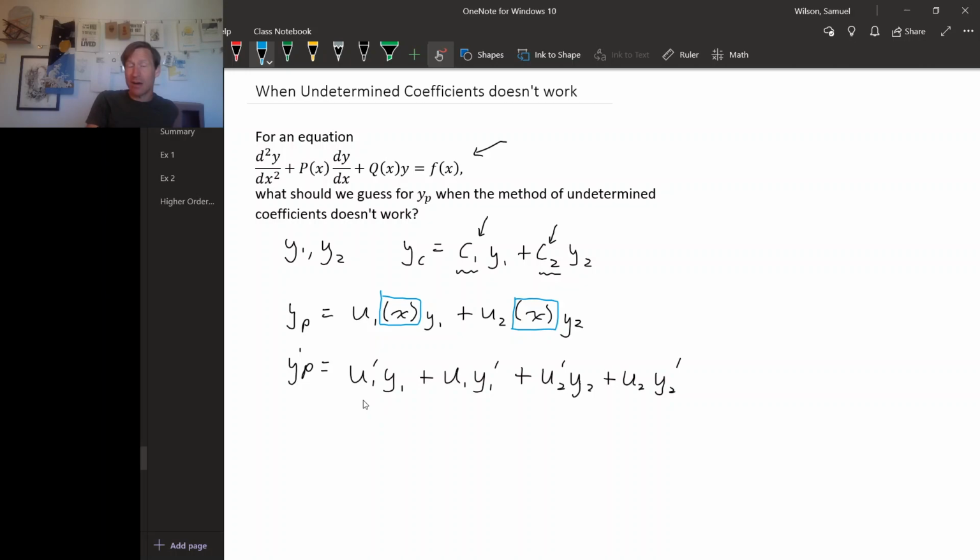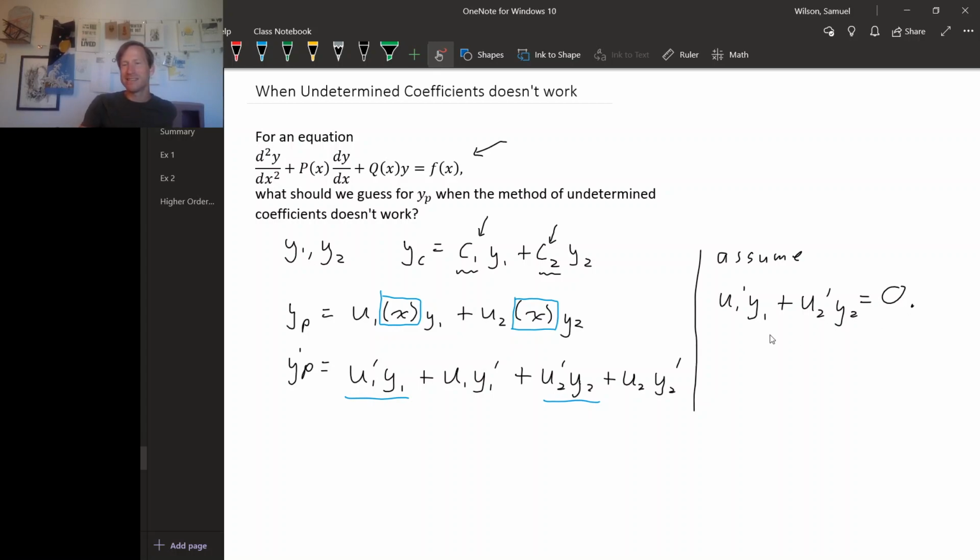And it turns out that with a little trial and error, you can find that taking these 2 pieces and insisting that they be 0 is a good thing to assume. So we're going to assume that u1 prime y1 plus u2 prime y2 is actually equal to 0.